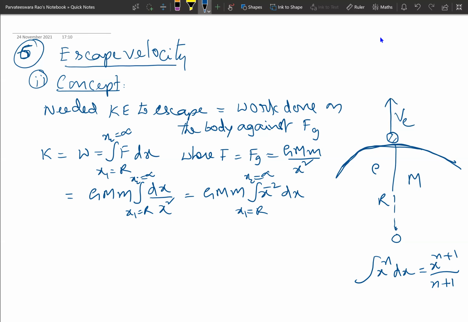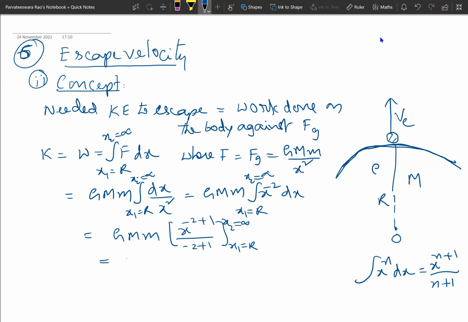So according to that, this will be G capital M small m, x to the power of minus 2 plus 1 by minus 2 plus 1, x1 is equal to R to x2 is equal to infinity.